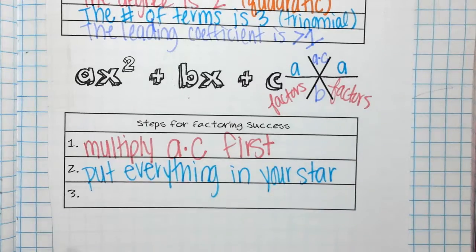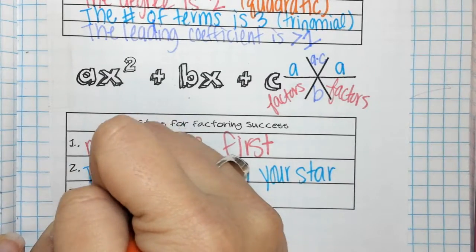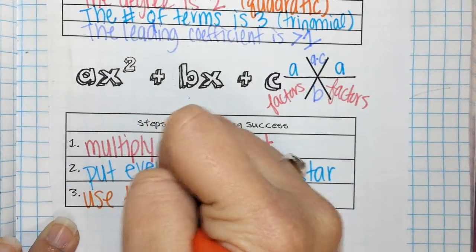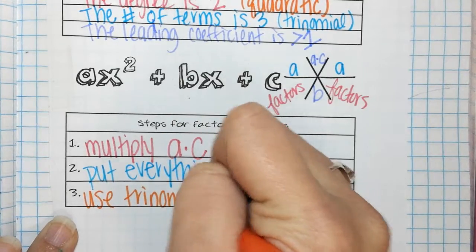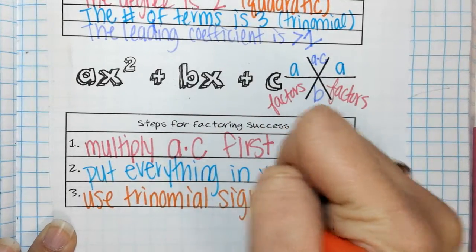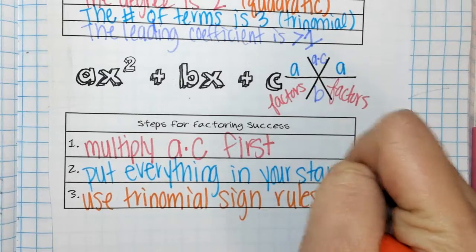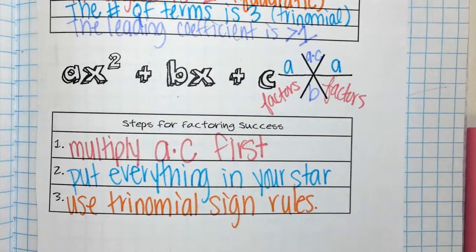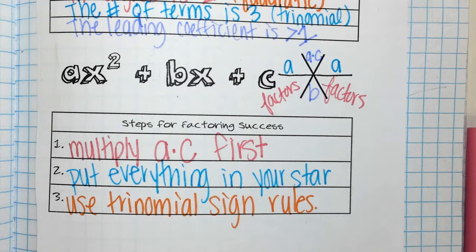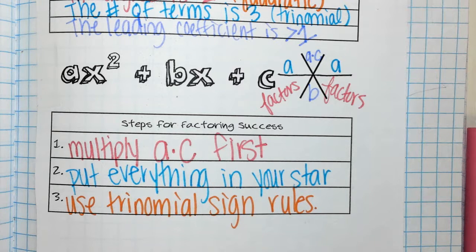And the last thing, use trinomial sign rules. Now, what does that mean, trinomial sign rules? The rules we did before. Good. Take a point.